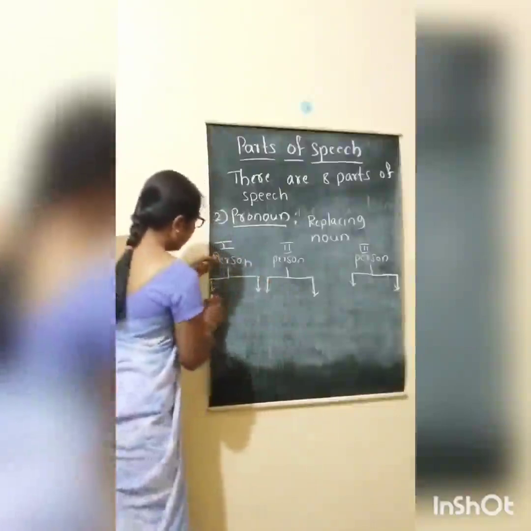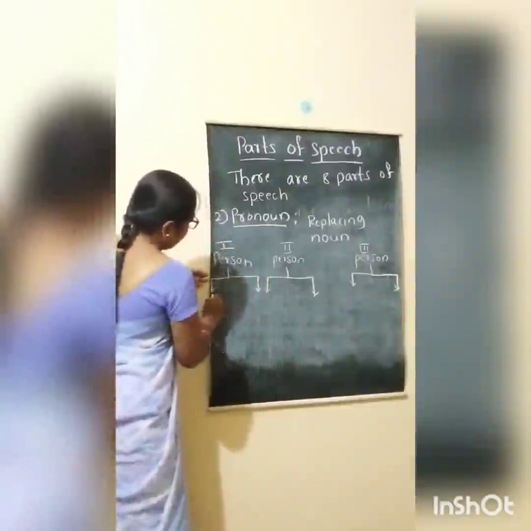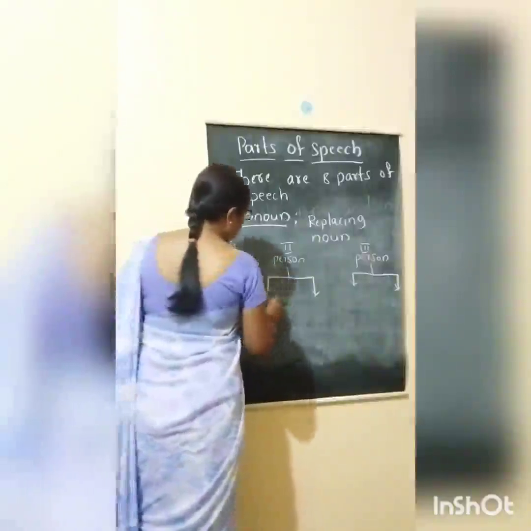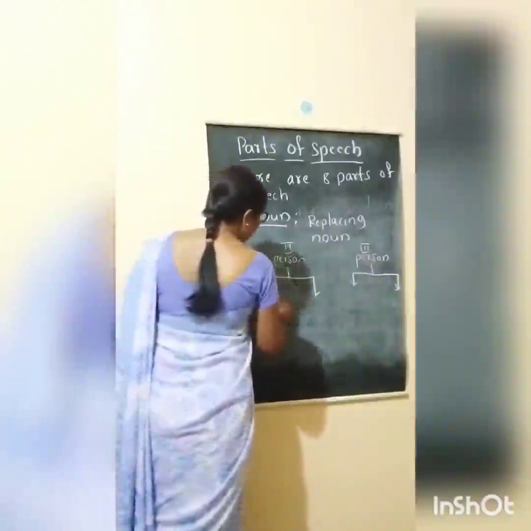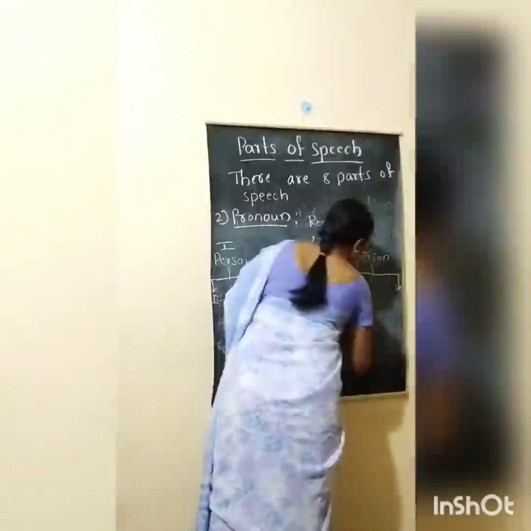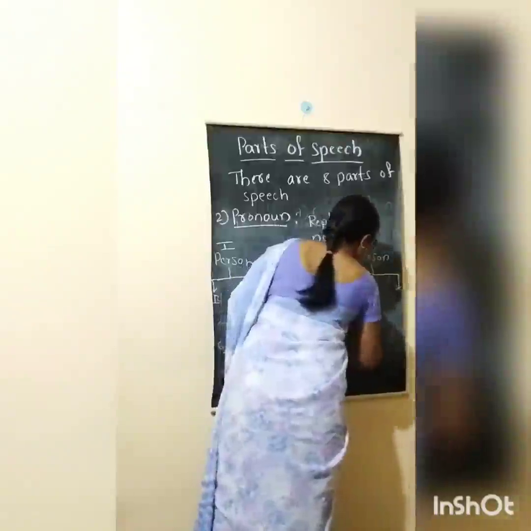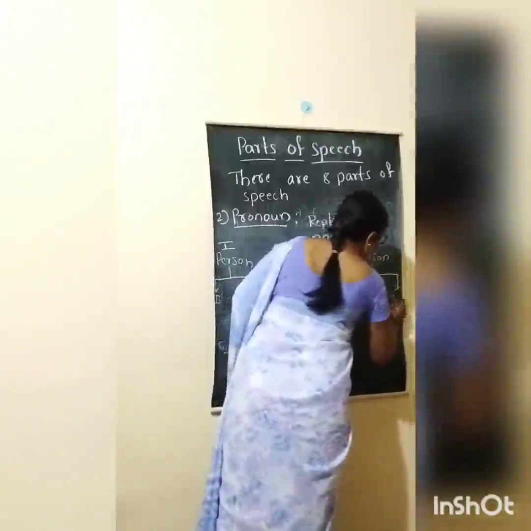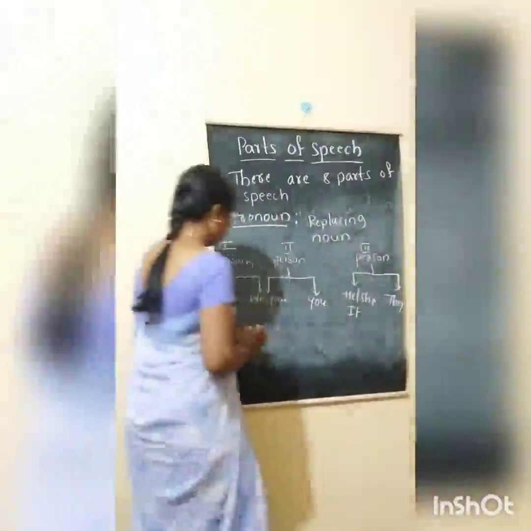First person is I, we, you, he, she, it, they.